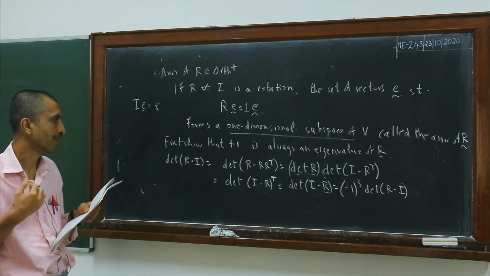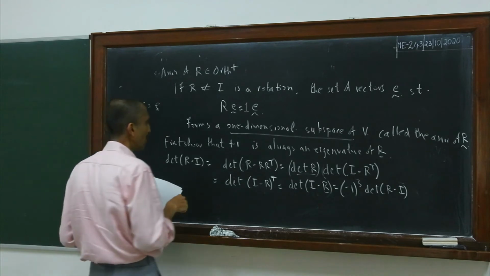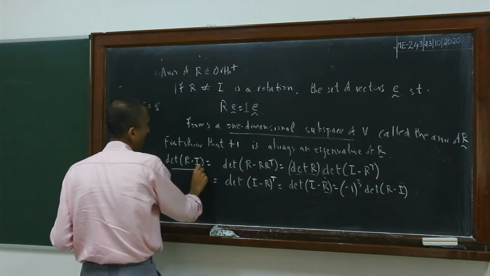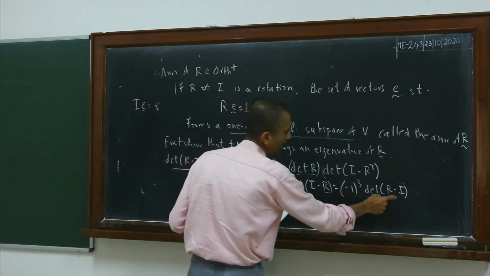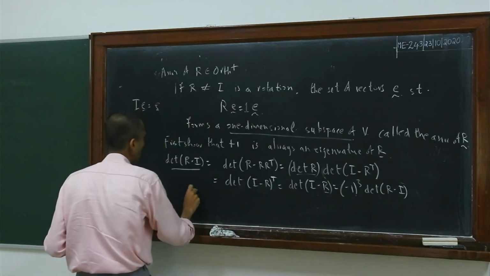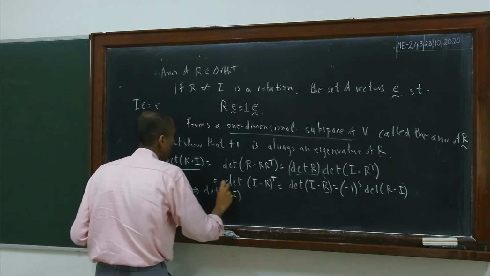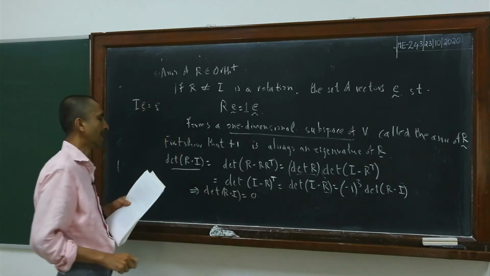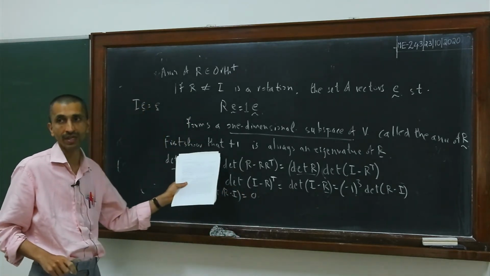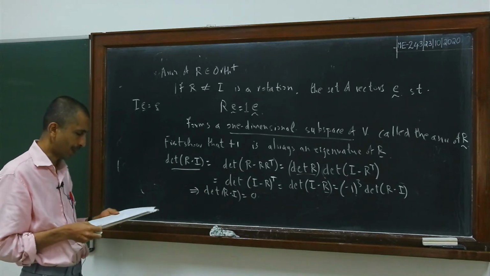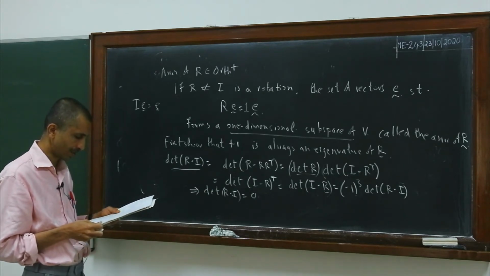So what we have got is that determinant of R minus I is minus determinant of R minus I, which implies that determinant of R minus I is equal to 0. And that shows that +1 is always an eigenvalue of a rotation in this particular case.